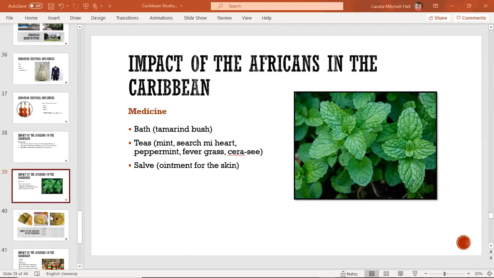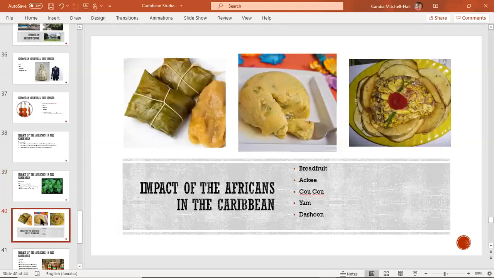Food. The Africans also influenced our food. In the Caribbean, breadfruit, ackee, cuckoo, yam, dasheen. Here, what is this, ladies? Sir, blue jaws. Blue jaws. So we call this blue jaws in Jamaica, or dukuno. I don't remember the name that they call it in other Caribbean countries, but they have different names for it.